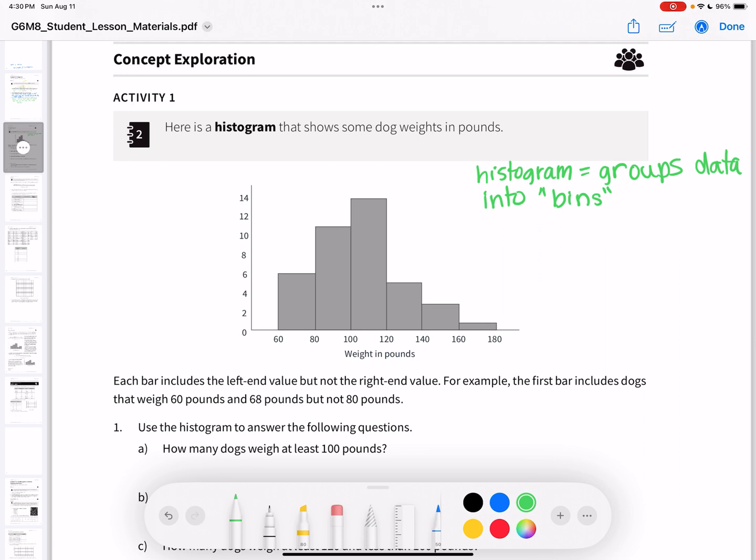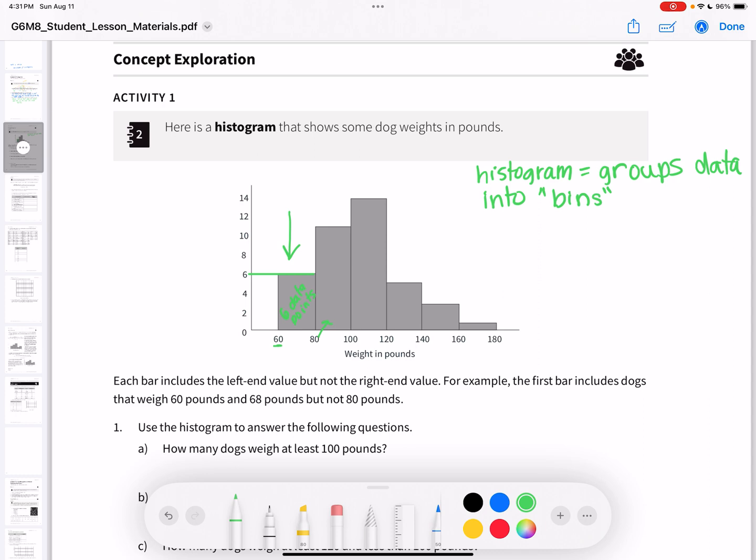So in this one right here, we can see there are 6 total data points in this bar. 6 data points. We don't know exactly what the data points are, but we do know they fall between 60 and just below 80. They don't quite make it to 80 yet. 80 is in the next bar. But if we go to a dot plot, we would be able to see those 6 individual data points.